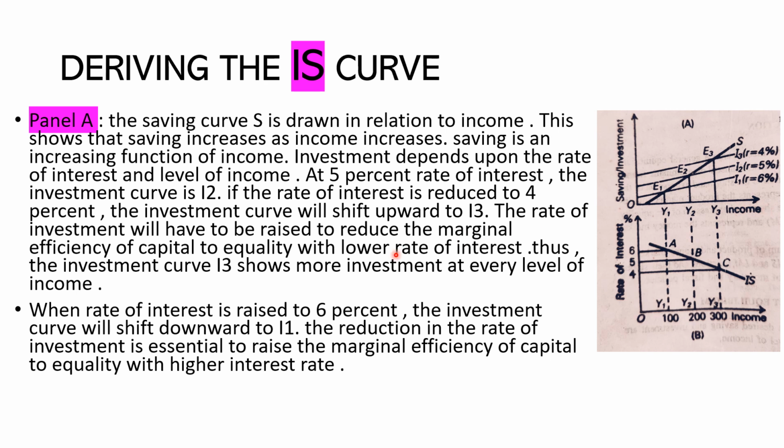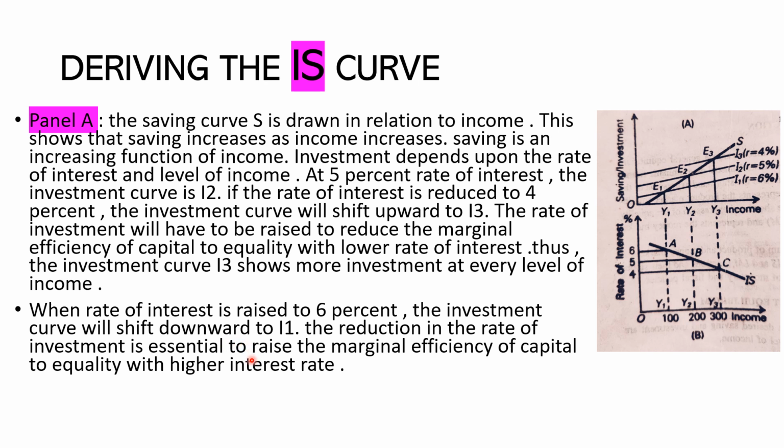Now, when the rate of interest rises to 6%, investment will come down. It will shift downward to I1. Here you can see rate of interest 6%, the rate of interest rises, investment will fall. It will come downward to this I1 curve. The reduction in investment is essential.